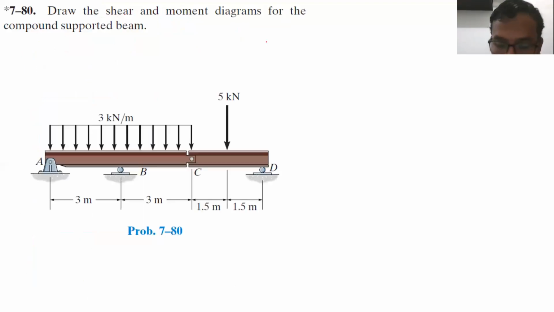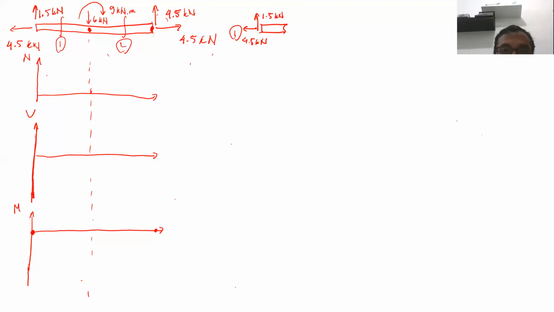Then I draw all the positive directions for V, N, and M. V positive is going down, N positive is going outwards, and moment is to make it smile like this, M, and the distance here is supposed to be x.